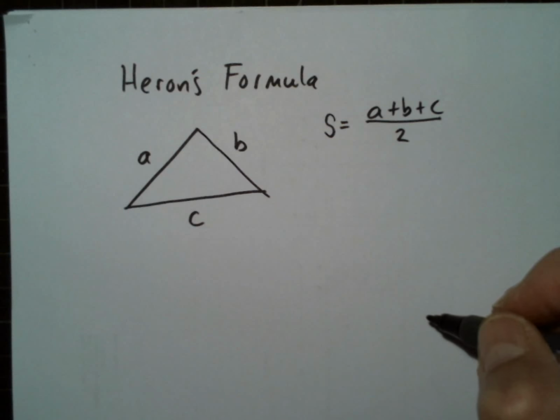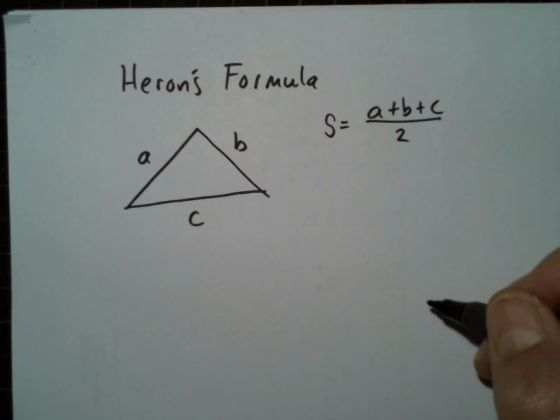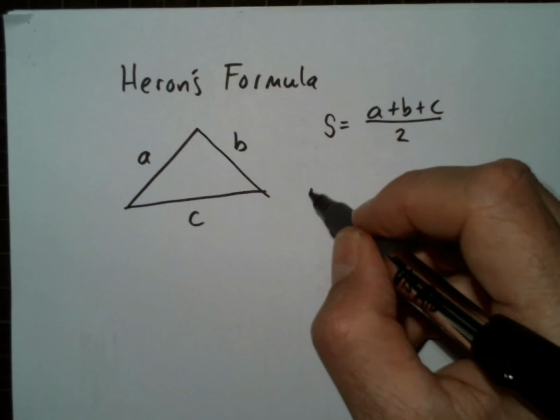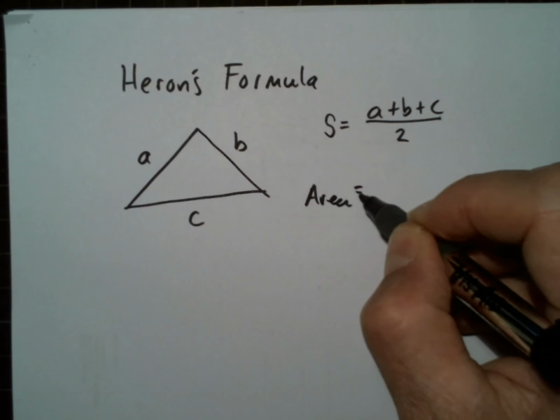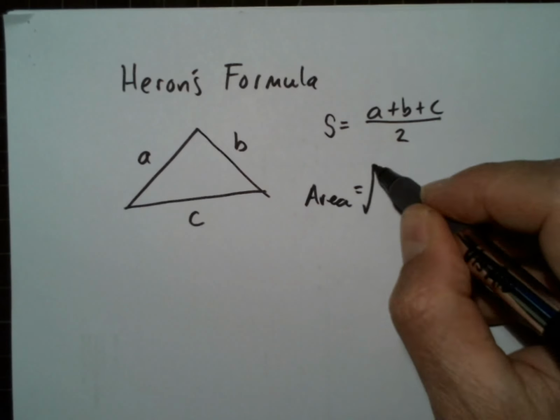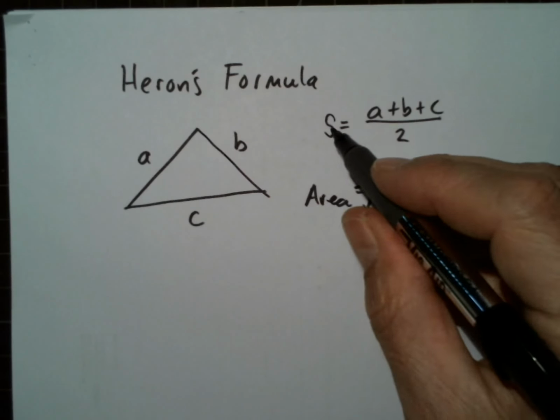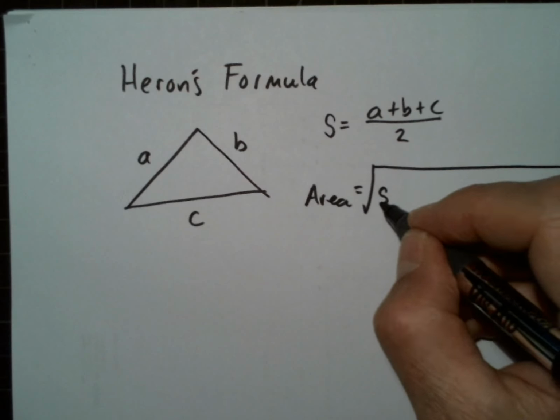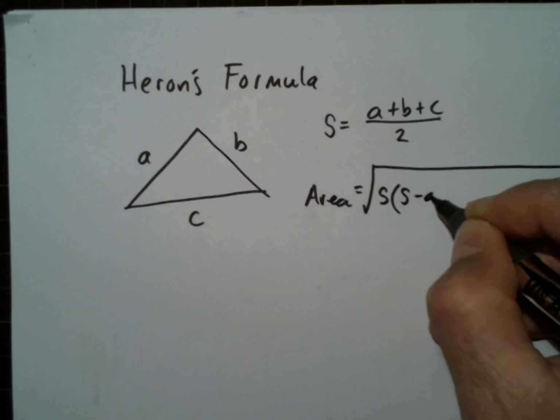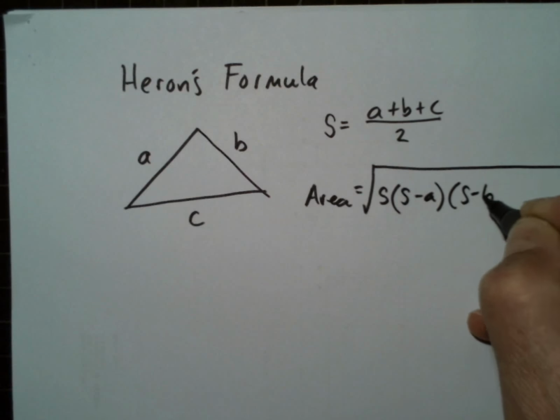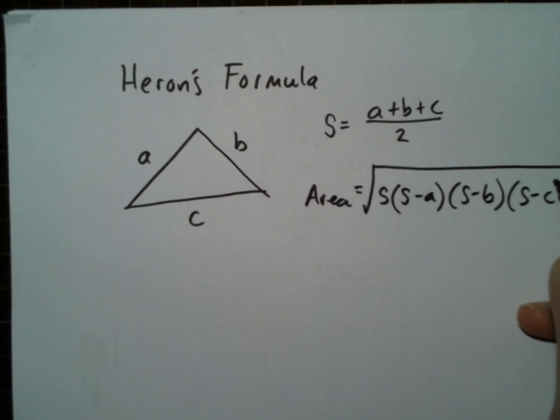That is the semi-perimeter, half of the perimeter. And then the area is the square root of S times S minus A, S minus B, S minus C.